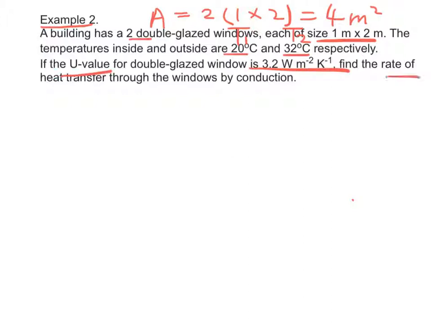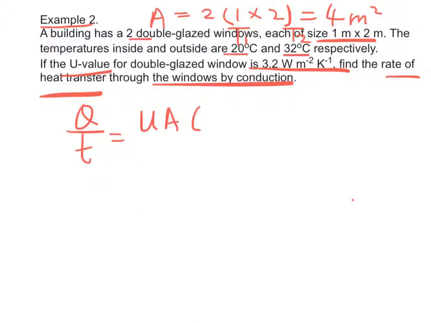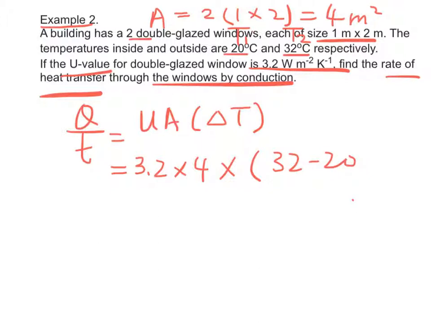Therefore, the rate of heat transfer Q over T through the windows by conduction equals U A delta T, equal to 3.2 times 4 times (32 minus 20), which is equal to 154 watts.